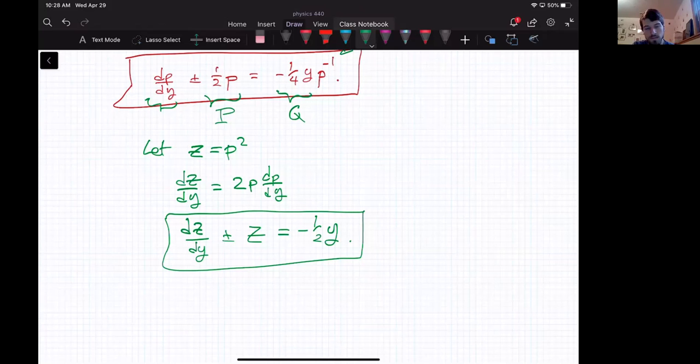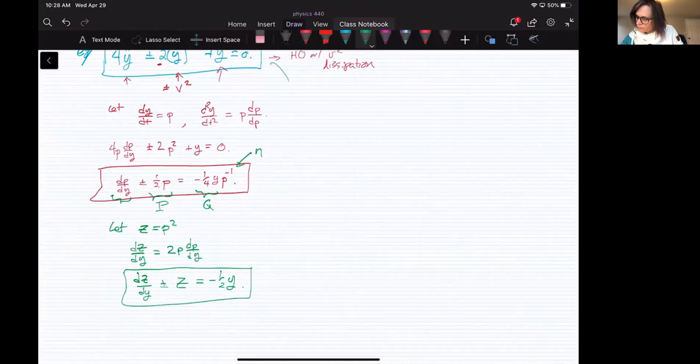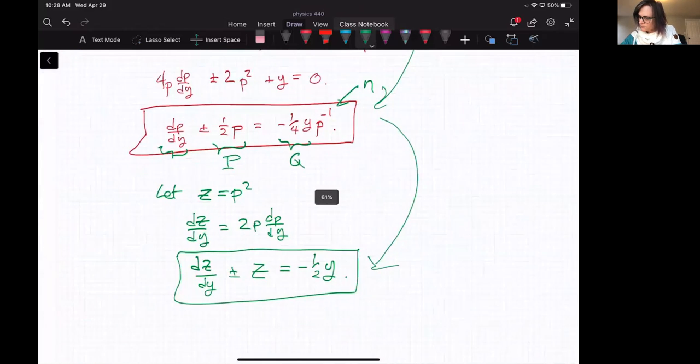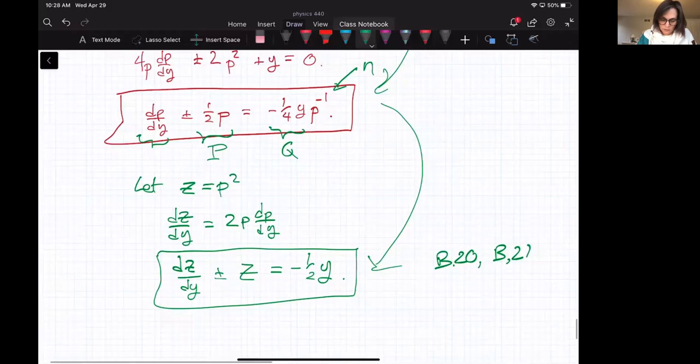Right. So we have gone from here to here to here, so that we can get into either B20 or B21. Those are solutions to first order ordinary differential equations if we can identify those capital P's and capital Q's.